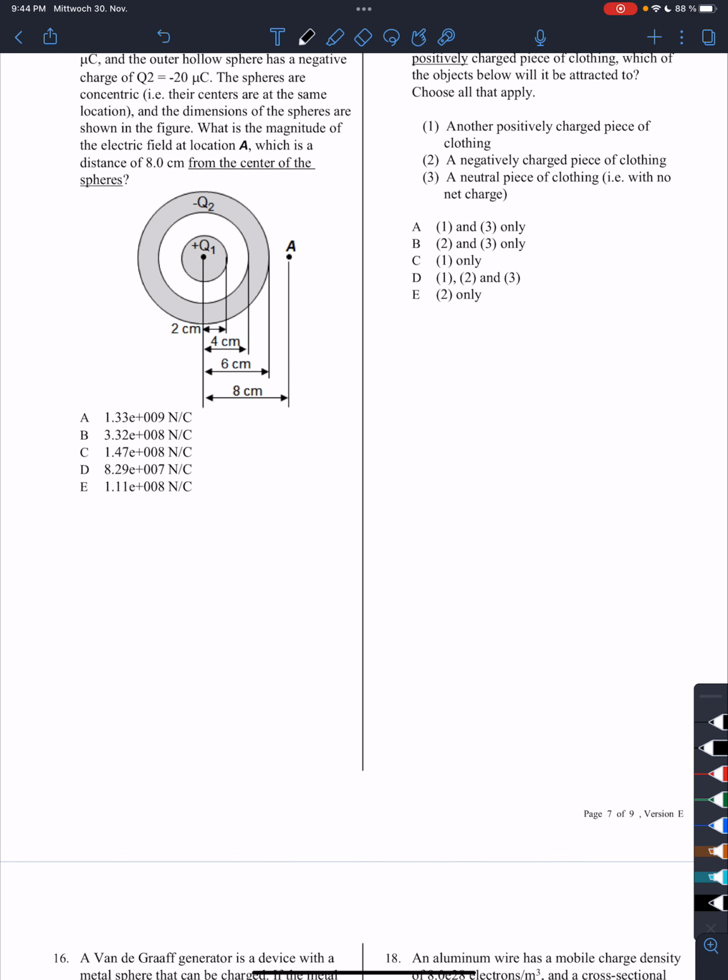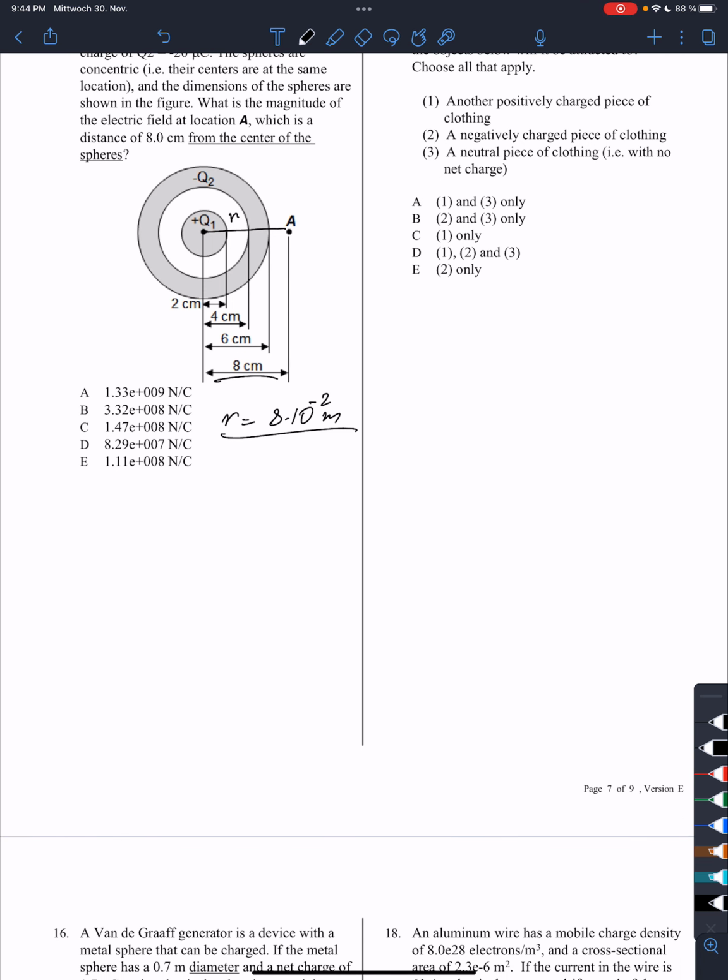Let me just denote this distance from the center of these spheres to A by R. So this R equals A times 10 to the negative 2 meters, but I will just denote it by R. Then I will compute the electric field at the point A, which is generated by the charge Q1.